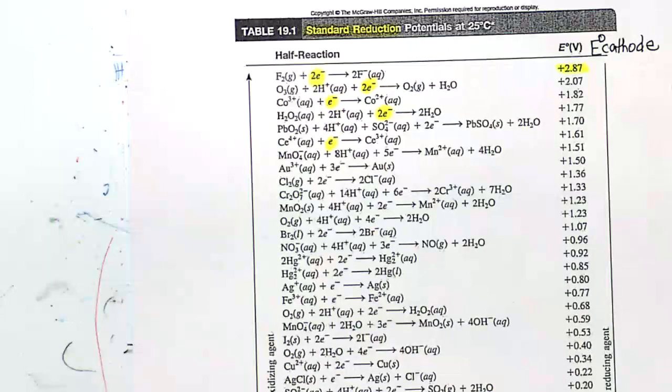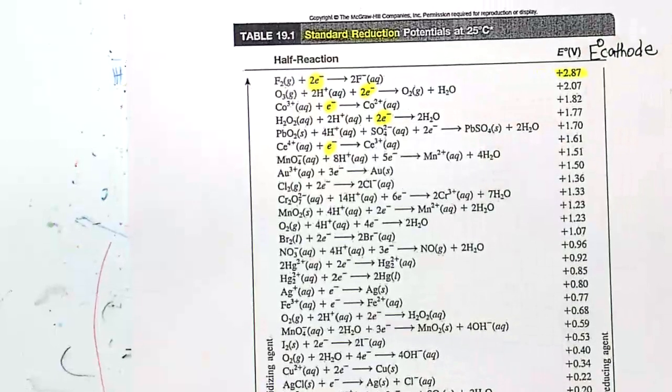Are you favoring the products or the reactants? Is it moving forward or not moving forward? When we go to the store, are the batteries we purchase 9 volts, 12 volts, or minus 9 volts or minus 12 volts? They're plus 9 volts, plus 12 volts.